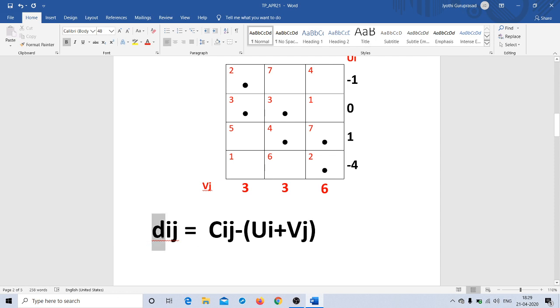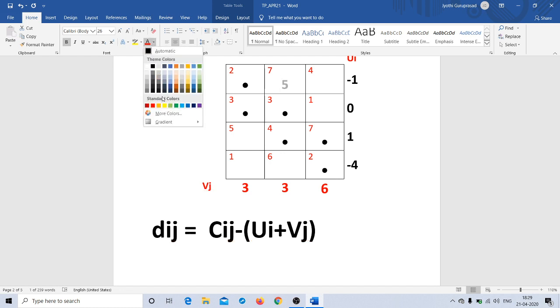Now Dij is calculated for all those cells where allocation is not made. Okay. So if I go with this particular cell, I have 3 plus of -1, that is 3 minus 1 is 2, and then 7 minus 2, I'll get it as 5. Okay. So this is my Dij for this particular matrix.